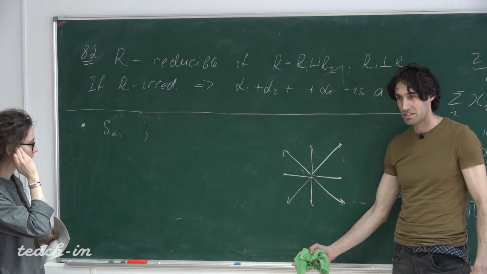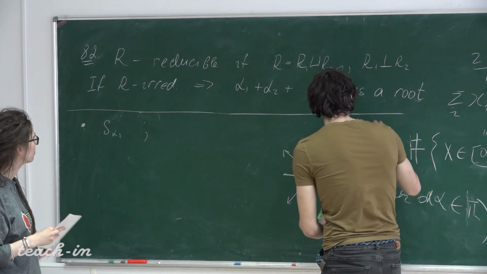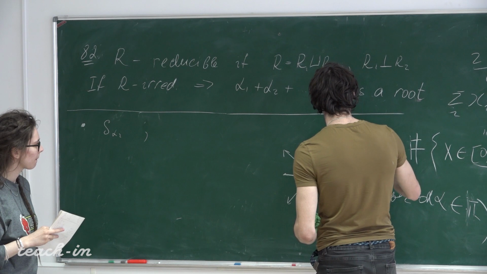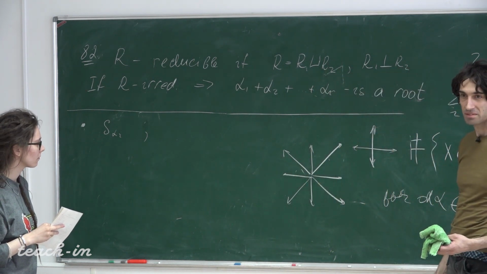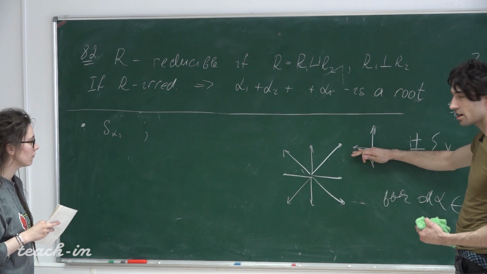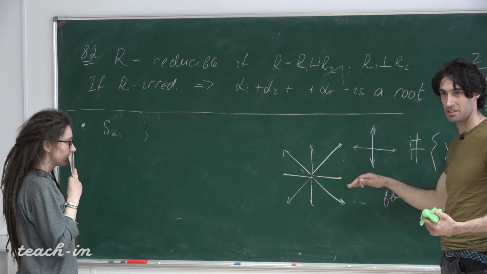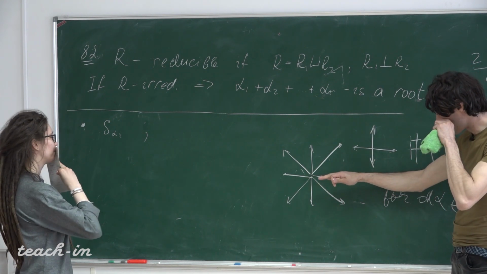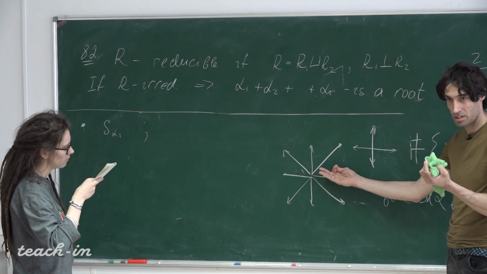So this is an example of reducible: R1 is this, R2 is this. They are orthogonal. This cannot be decomposed into two sets which are orthogonal.